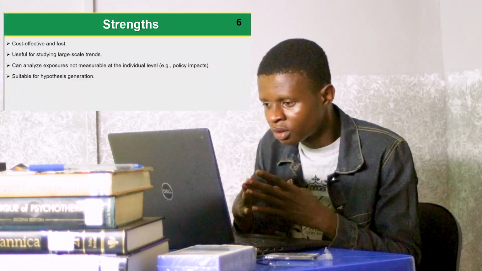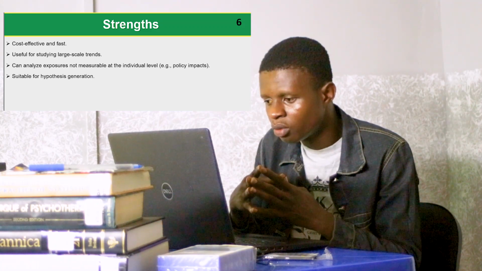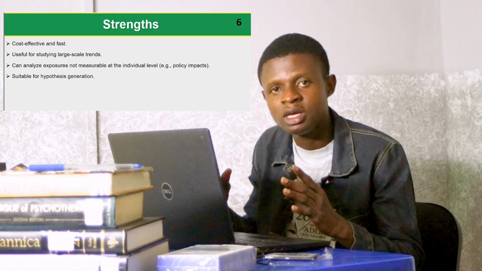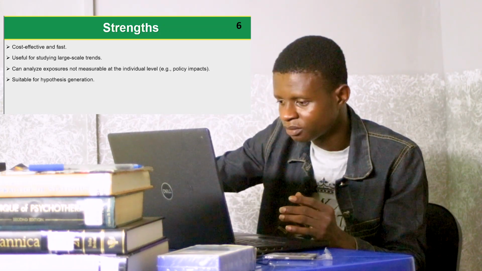And then it can analyze exposure not measurable at the individual level. So here, whatever you are measuring, you cannot assign it to the individual, but to the community, to the population, to the entire country. And then it is suitable for hypothesis generation. So with the limitations, ecological fallacy is one of the limitations.